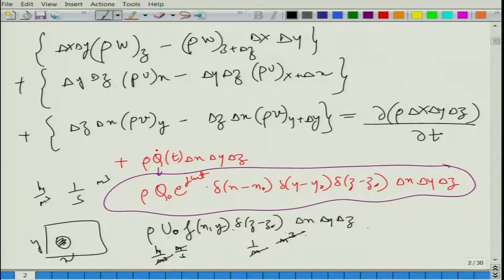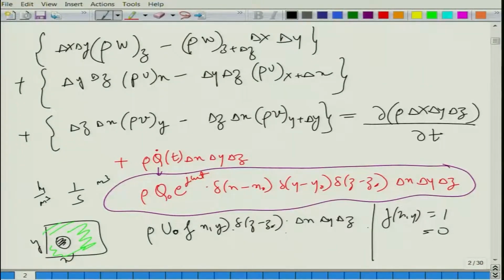So, f x y must be 1, which is basically a non-dimensional function. f x y is 1 over this area and 0 over the area shaded in green color. So, basically all we need to do for modeling the uniform piston driven model, which I have been telling you to be more accurate, is use this, and of course, u naught is varying as e to the j omega t.